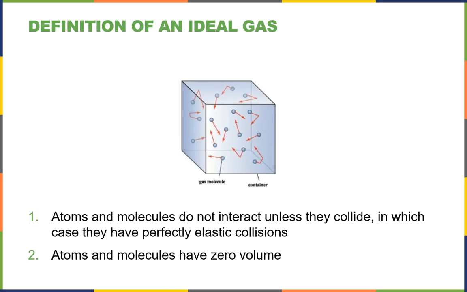So first, for the atoms and molecules to not interact, what that fundamentally means is if the atoms come close to each other or if they actually collide, their change in energy is going to be very small compared to their energy. Now, we've learned about energy, kinetic energy specifically.